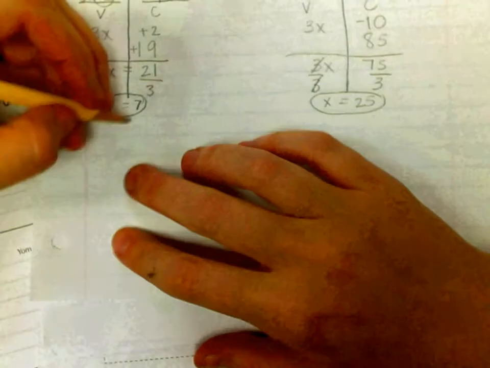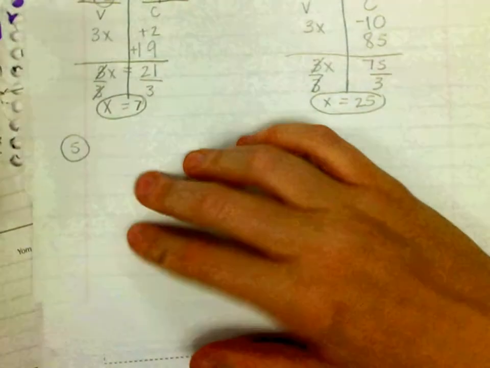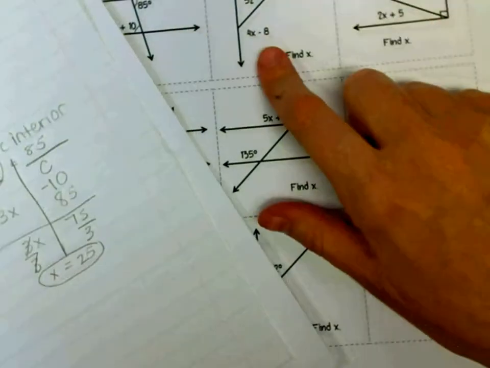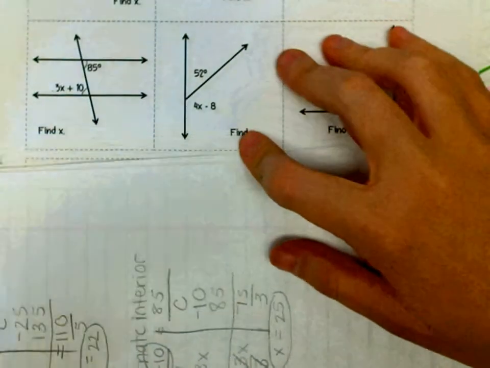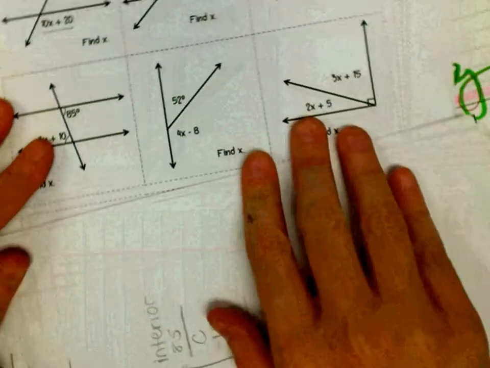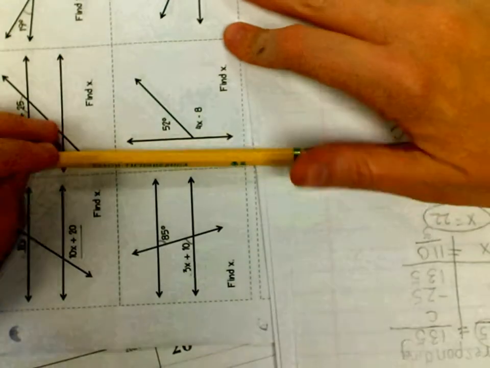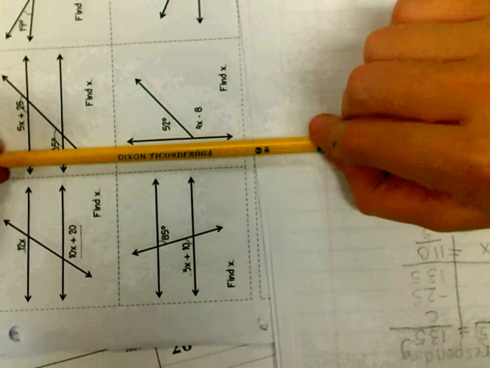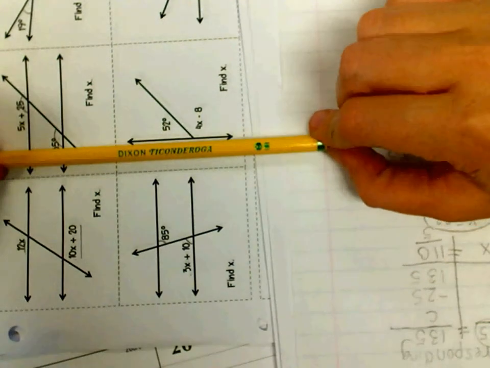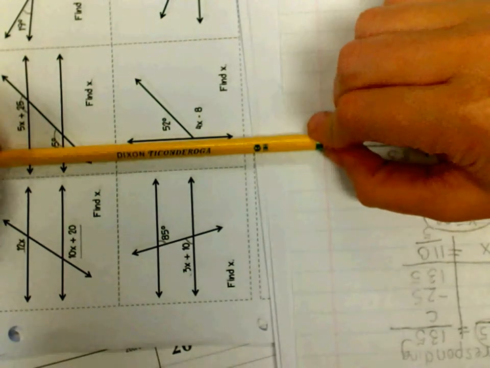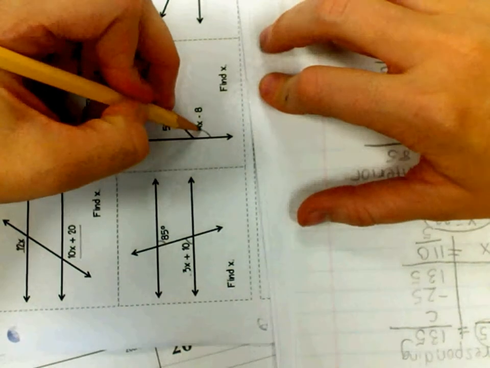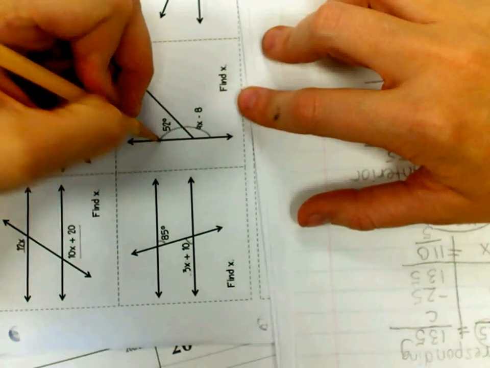Number 5. All right. So number 5 is here. I'm going to swivel it around like this because I want you to see that on number 5, these 2 angles go together to form a straight line. You can draw a little half moon, okay?